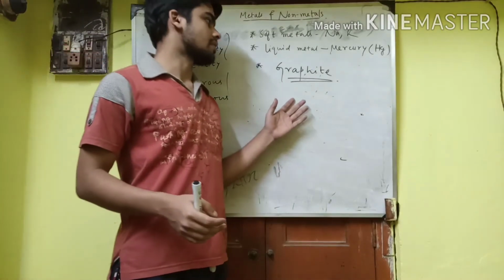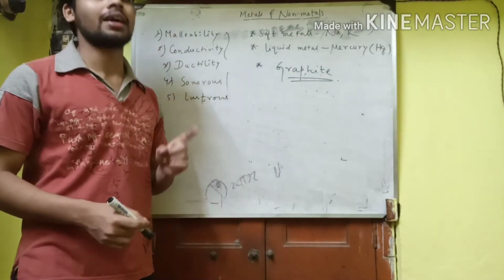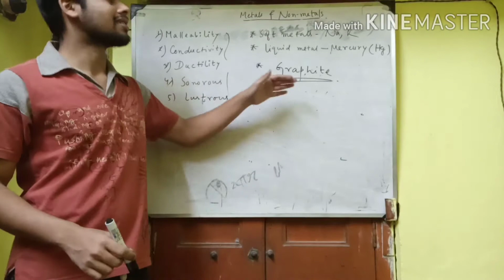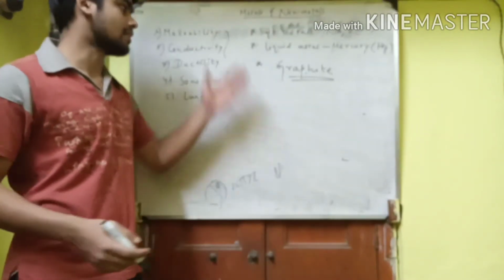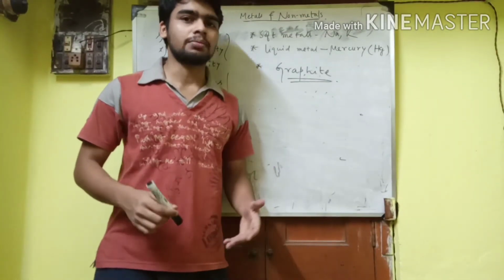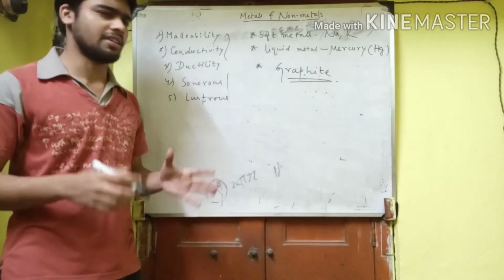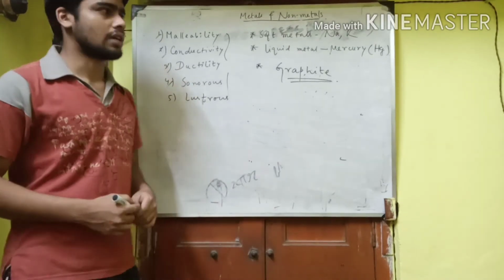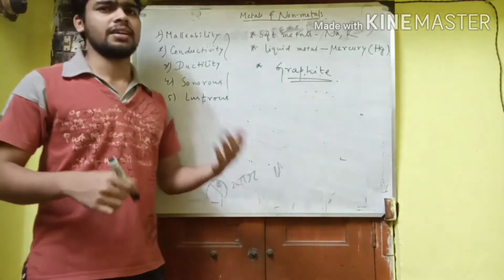So graphite is a non-metal, but it is a good conductor of heat and electricity both. So these are the main exceptional cases for metals and non-metals, and these are the properties on the basis of atomic structure, which I have already discussed very briefly in this part.